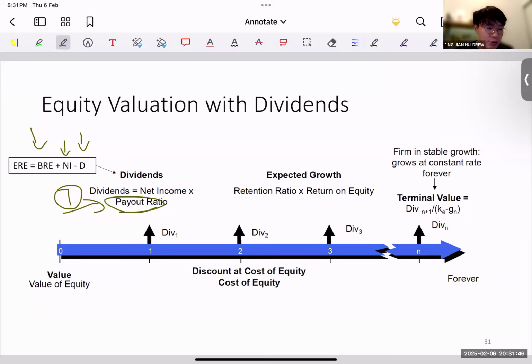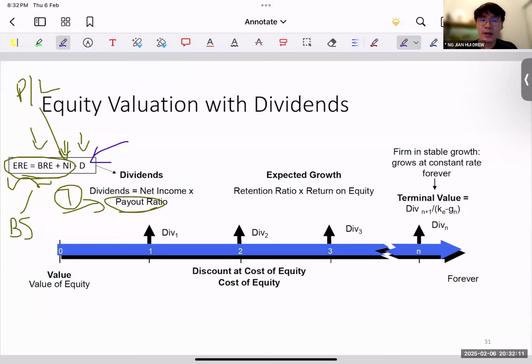This one can be gotten from your balance sheet, and this one from the P&L statement. If you are given information on the retained earnings and the net income, you can actually determine the dividends here.